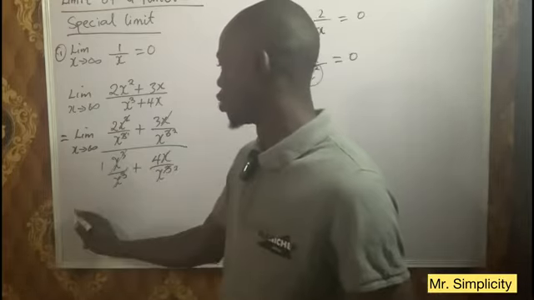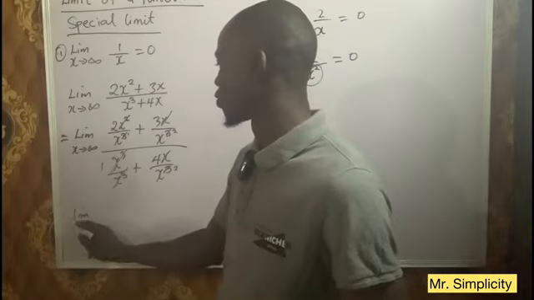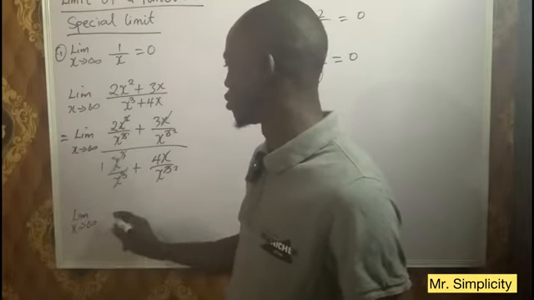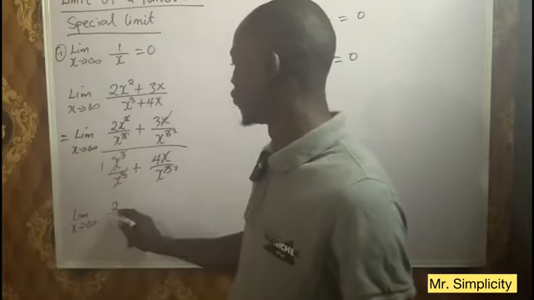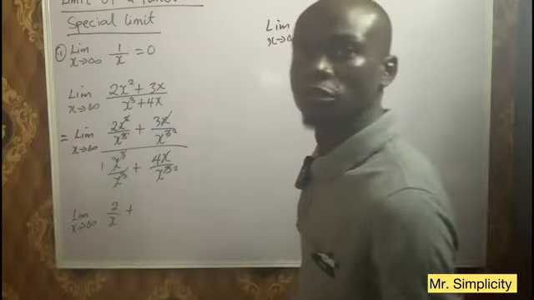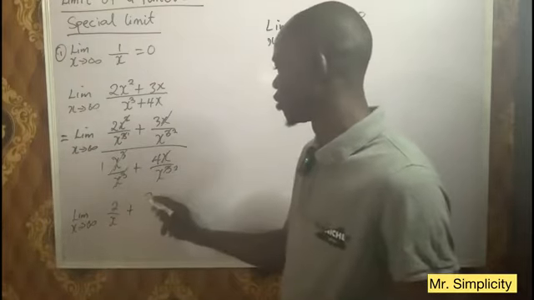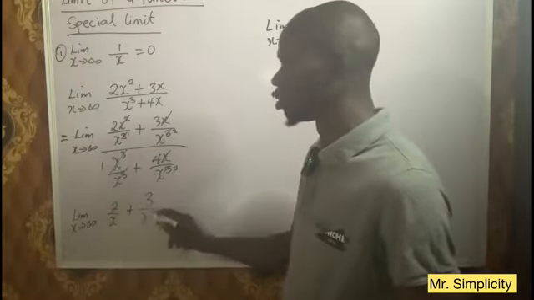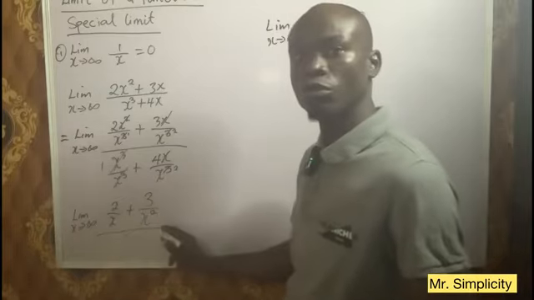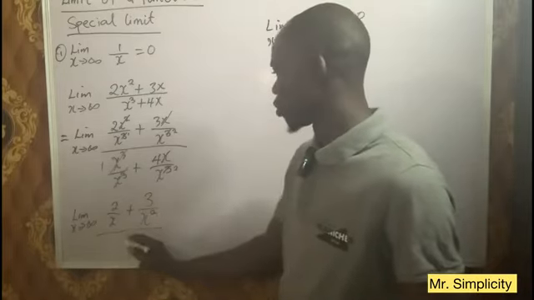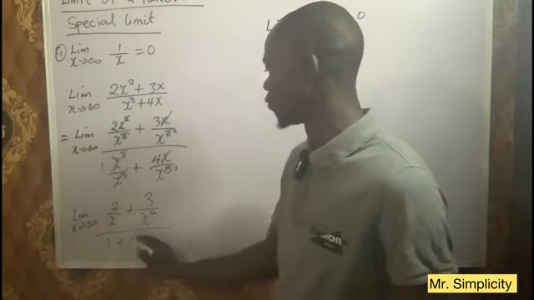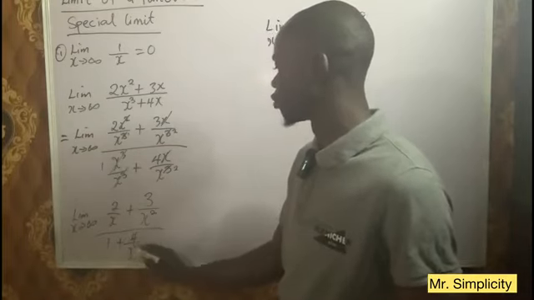So what we have left now is the limit as x tends to infinity of 2 over x plus 3 over x squared, all over 1 plus 4 over x squared.